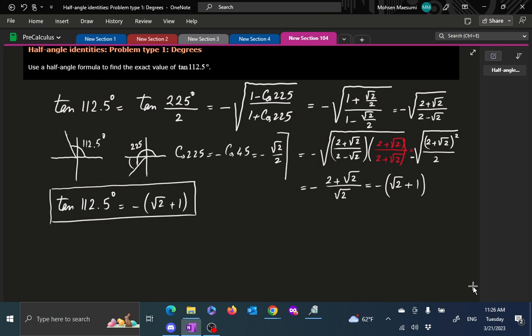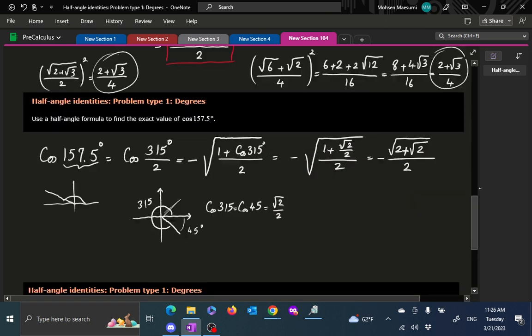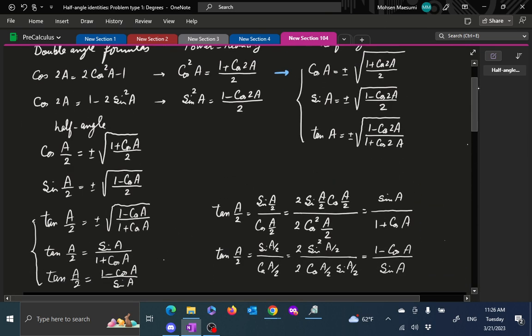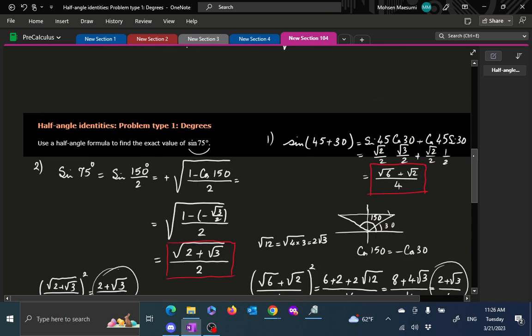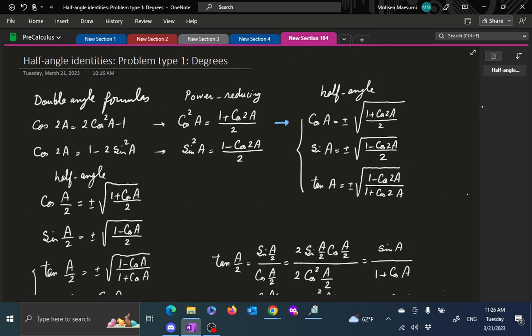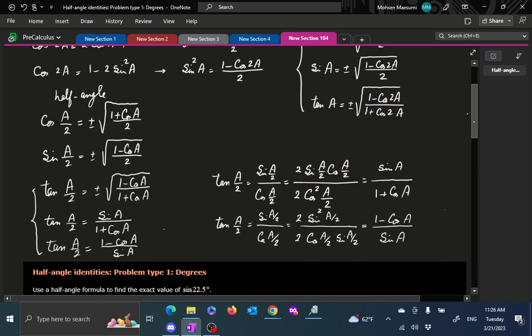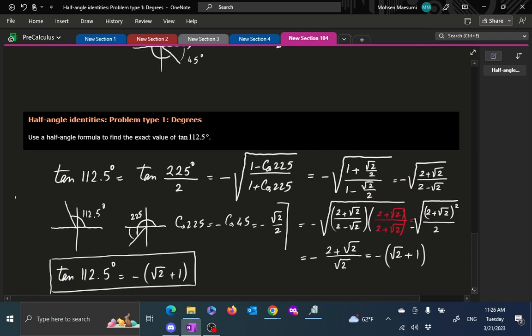Okay, plan B. We have plan A, B, and C. Okay, let's try to use plan B. Tangent of A over 2 is sine over 1 plus cosine.